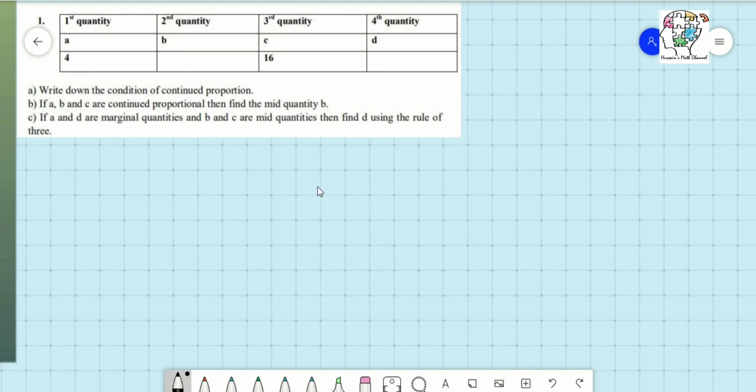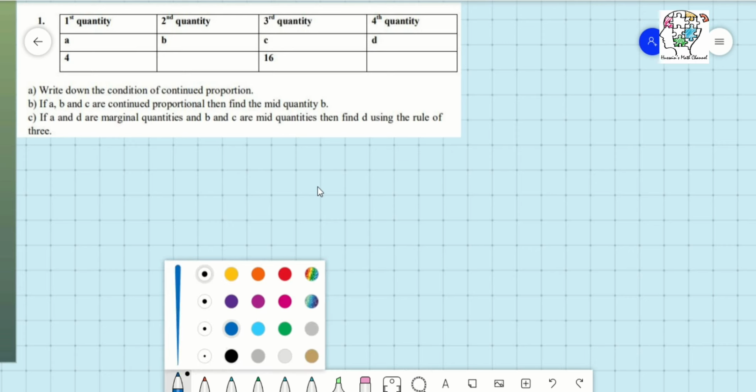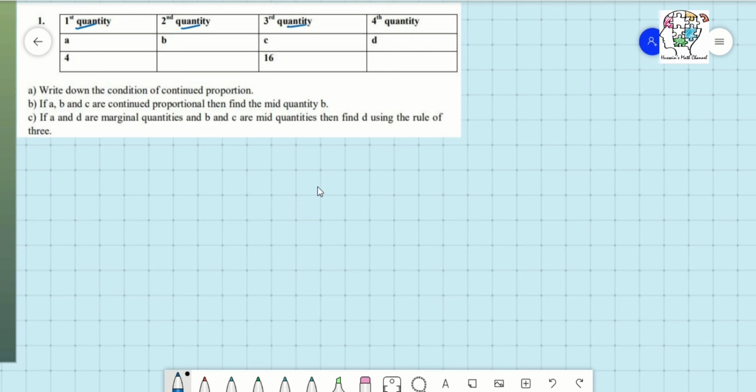In the table, it is noticed that there are first quantity, second quantity, third quantity and fourth quantity, which are named as A, B, C and D. The blank space is under the B and D also given. Question number A asks, write down the condition of continuate proportion.